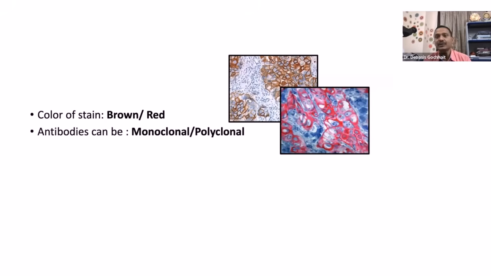Now what antibodies do we use? Antibodies can be monoclonal or polyclonal. Monoclonal means it is derived from one specific clone and will act upon a specific type of antigen, whereas polyclonal means they are derived from multiple plasma cells, or they can act upon multiple antigens. Polyclonal antibodies will be more sensitive but less specific. They will pick up any antigen, but they will be less specific.